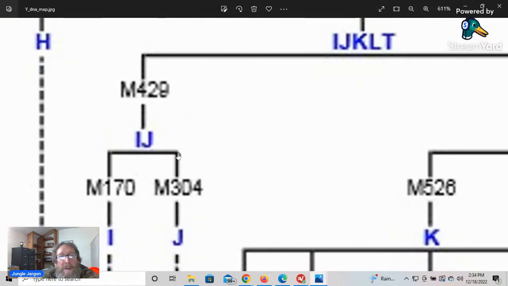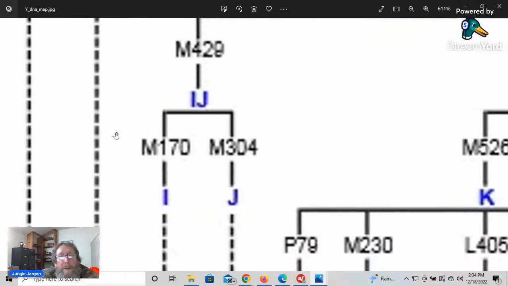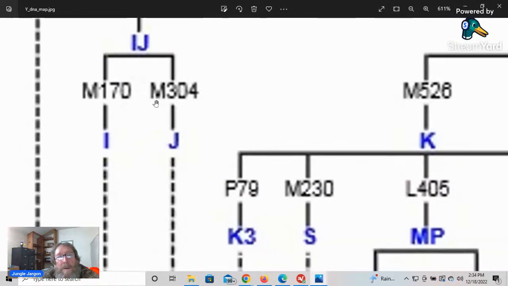I and J, this marker here is unique to I and J, and the M170, that's me, and the M304 is the rest of the Judaic and Arabic populations.